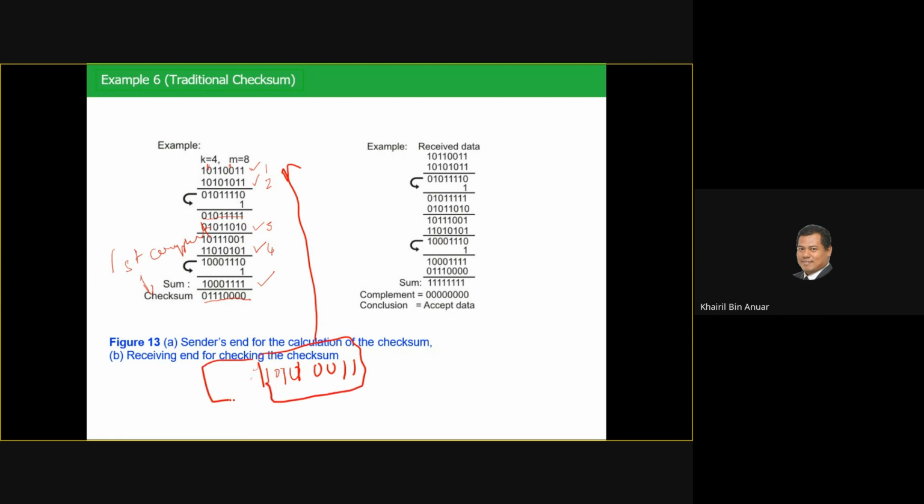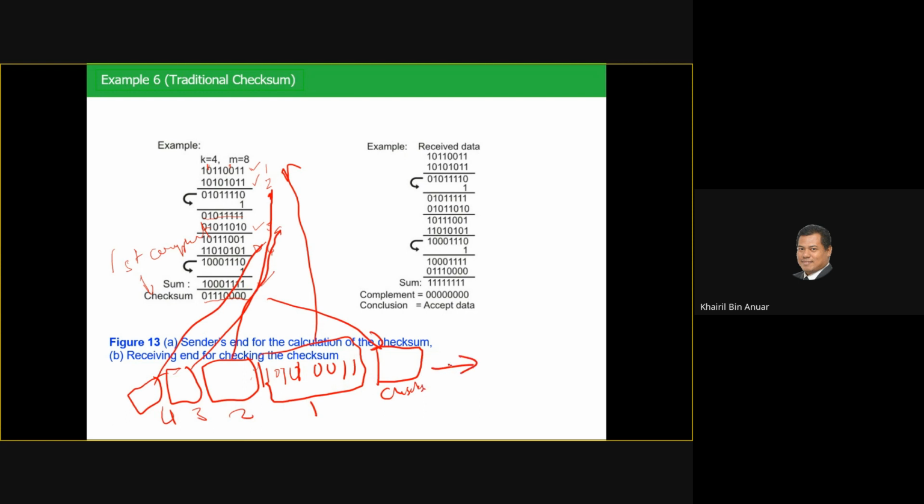Then you have this second block, the third one, and the fourth one over here. Then you need to also send this with the checksum. So you have the first block, second block, third block, and fourth block, and then this is your checksum. You send this through your transmission medium.